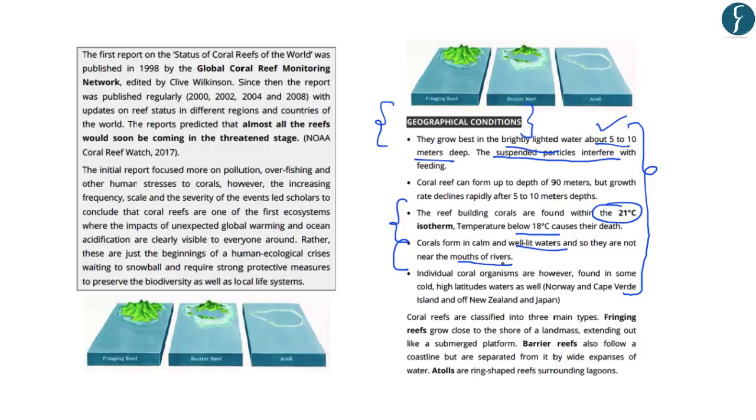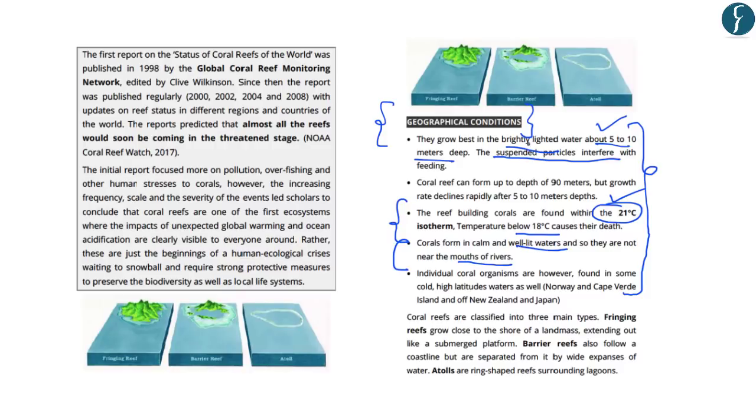Another condition for the growth of corals is that the ideal temperature of the water in the ocean should be around 20 to 21 degrees centigrade. Due to global warming, if the temperature of the oceans rises, this condition will again be violated, and that will also be one of the impacts of global warming. Again, we know that ideally the coral reefs grow at about 5 to 10 meter depth in the oceans.